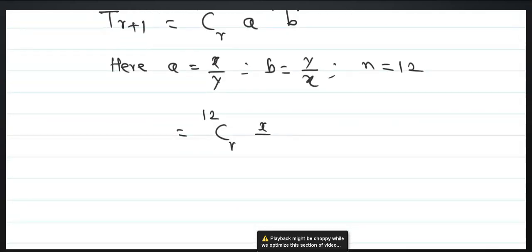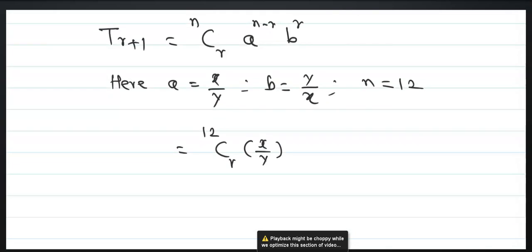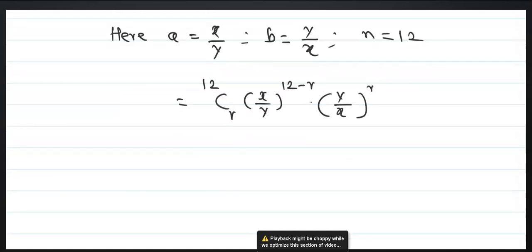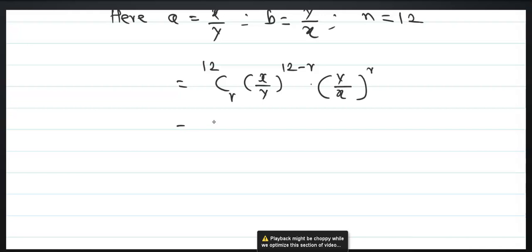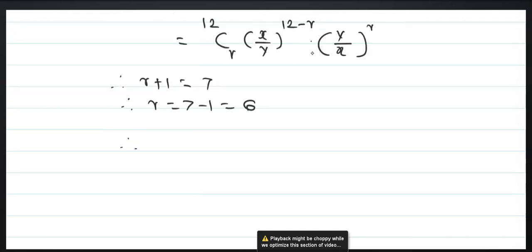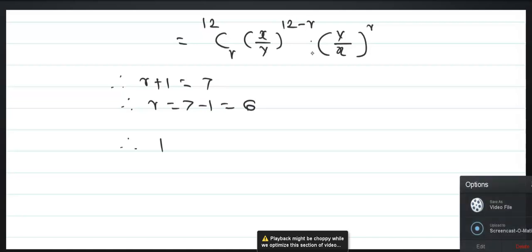That is 12Cr (x/y) raised to 12 minus r and (y/x) raised to r. Therefore, here r plus 1 is equal to 7 and therefore r is equal to 6, because we want to find the seventh term, which is the middle term.